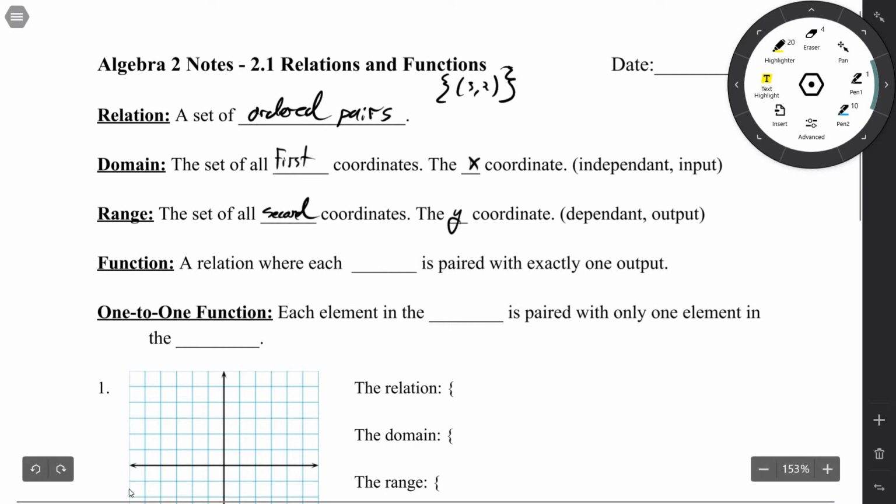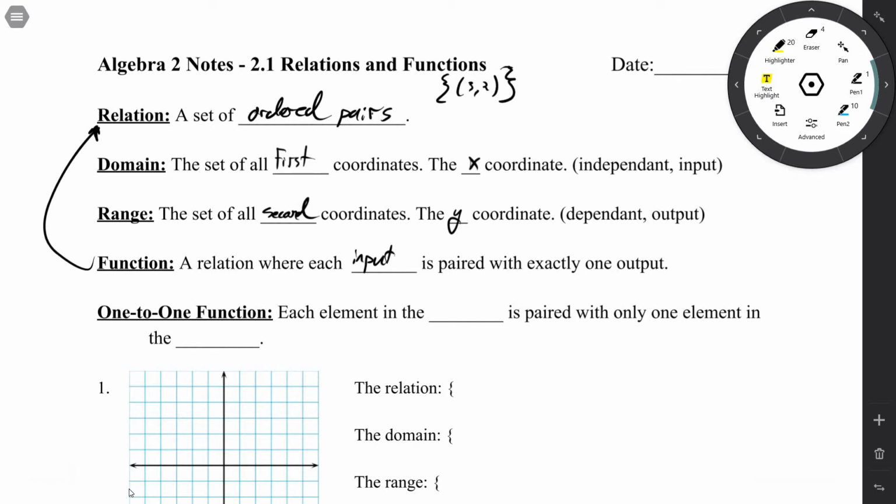So looking into it a little bit even finer and tightening the definition a little bit more, we're looking at functions. A function is a relation, so again, it's just another set of ordered pairs, but it is a relation where each input is paired with exactly one output. That does not mean that we can't get to the same place using different inputs. A good example of that, just to put a picture to it, would be f of x equals x squared.